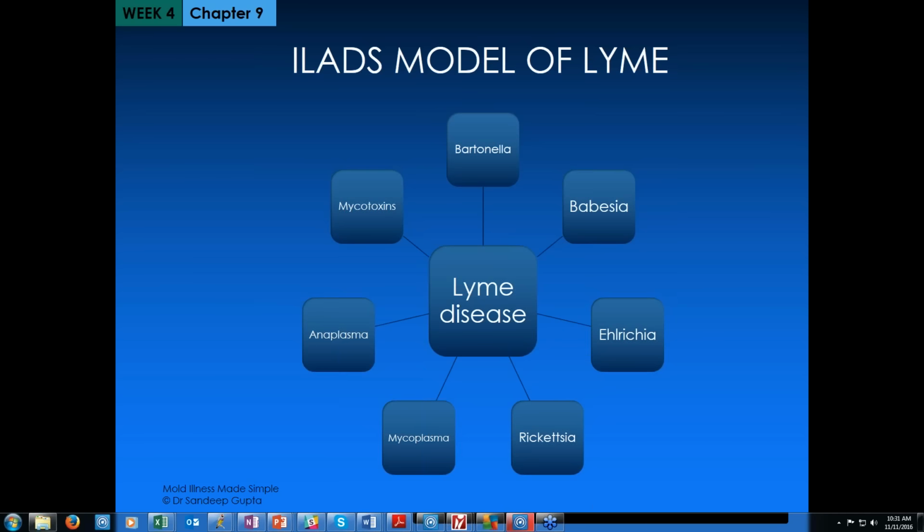Unfortunately, it's not the most consistently positive, and so it may require 3 or 4 samples in order to get that positive. And then there are some other labs that have recently started doing DNA sequencing, looking for the DNA of these organisms, again, in different tissues and fluids. There's one lab that does it out of urine. There's another lab that does it out of blood.